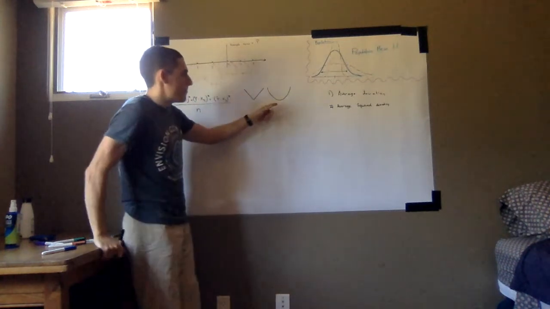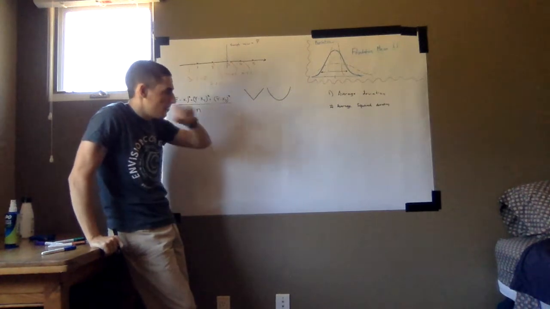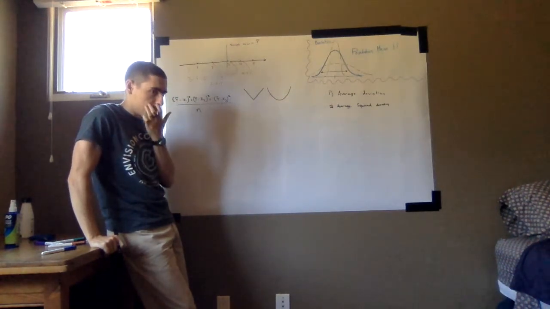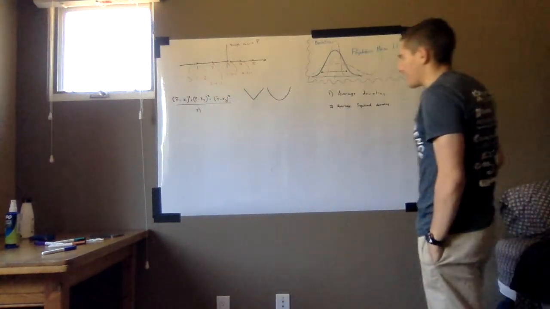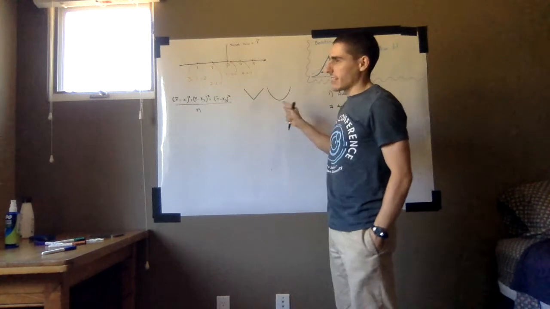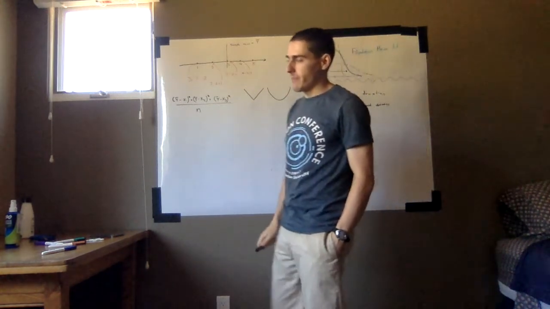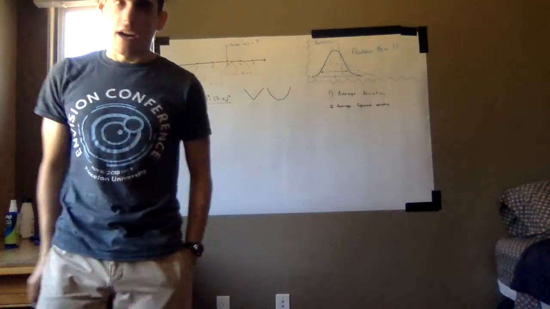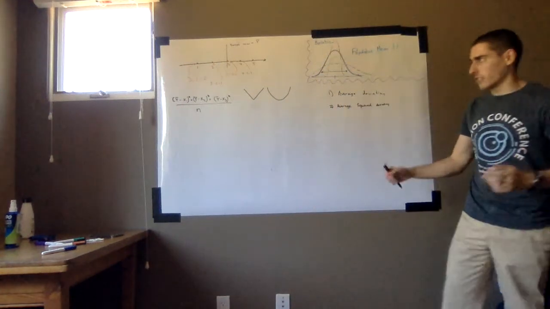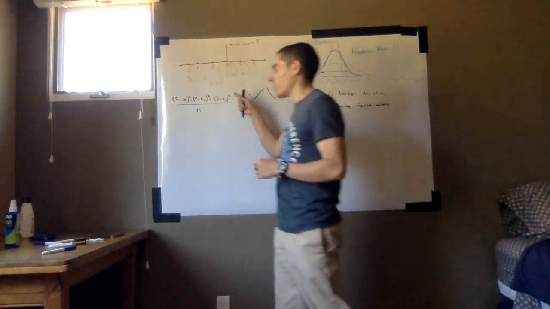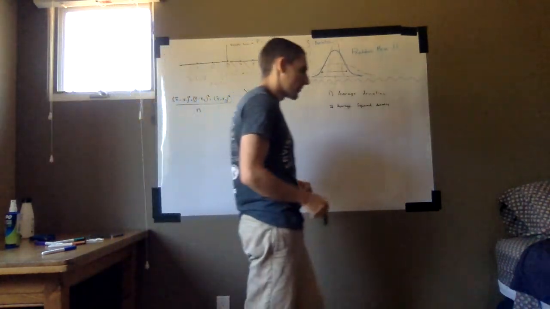And it's much more useful to have a parabola as opposed to a V, because you can do calculus to find the minimum of a parabola, whereas the minimum of a V shape is not differentiable. The derivative is not defined. And so you can't use your calculus toolset with it, which is inconvenient. And so we ended up using average squared deviation instead.